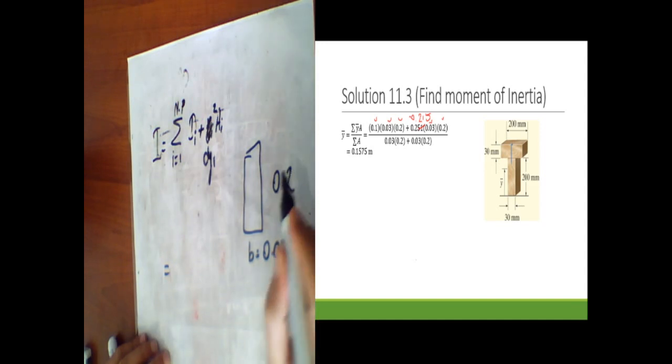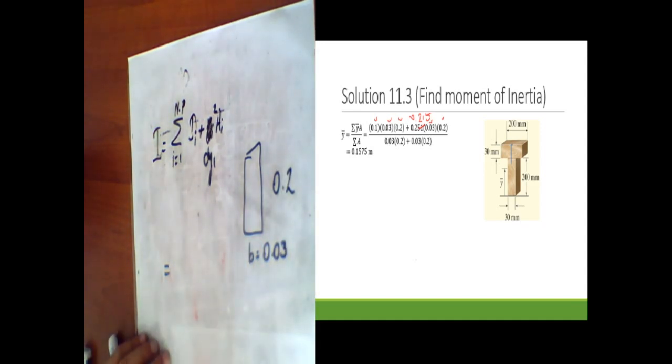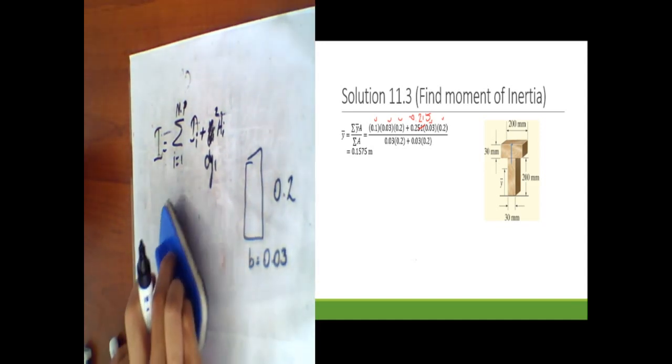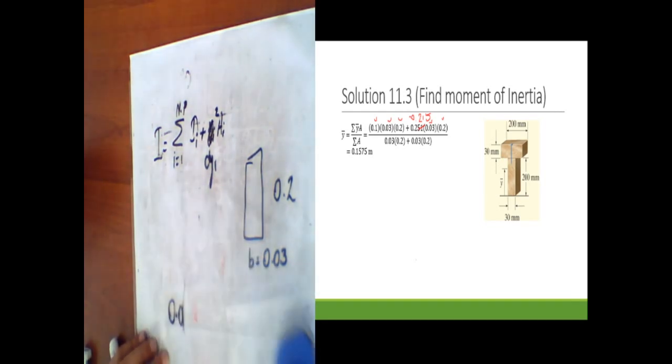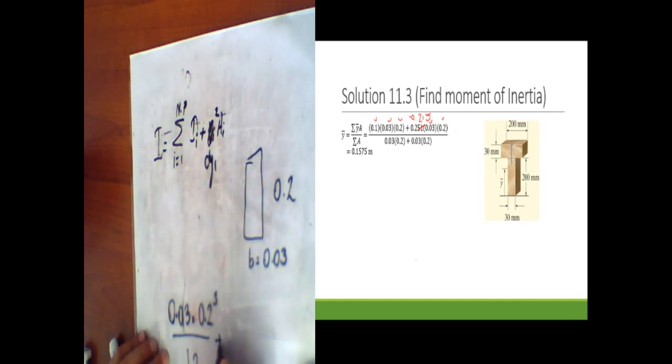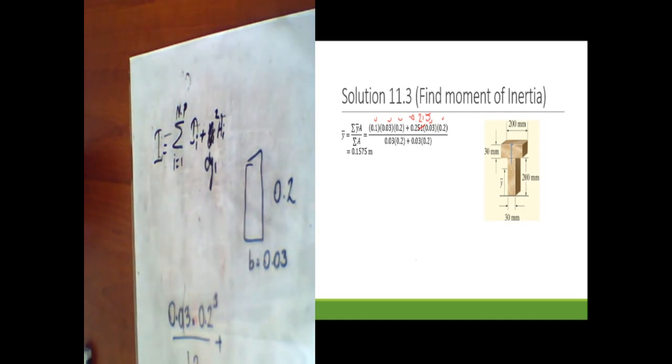So in the first part, the bottom part, we have b equal to 0.03 and h equal to 0.2, therefore the moment of inertia about its centroidal axis is b times h cubed divided by 12, plus d squared times area. How can we calculate dy?